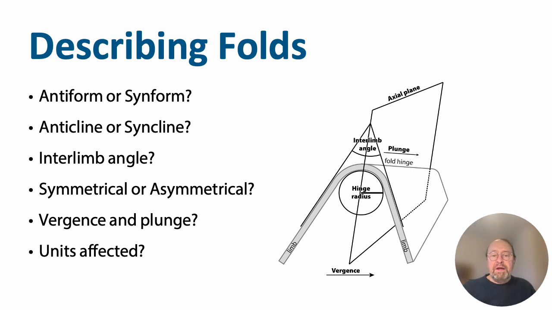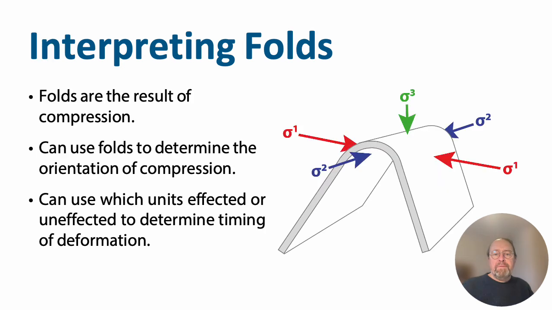Once you've been able to do that, you can say something about the stress field in which the fold formed. Since an anticline like this is relatively horizontal, we know that the primary compressive stress is also horizontal. This is termed sigma 1 and points perpendicular to the fold axis.